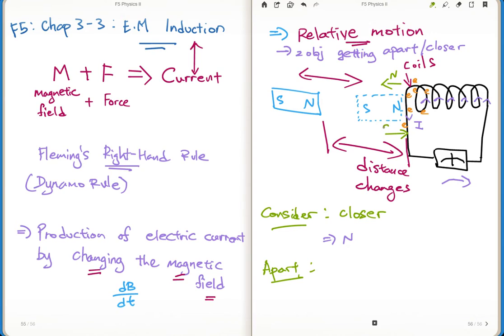So here it becomes south pole, so that it will attract the magnet from going away. Therefore, the current flows in the opposite direction. This is what happened. Okay?